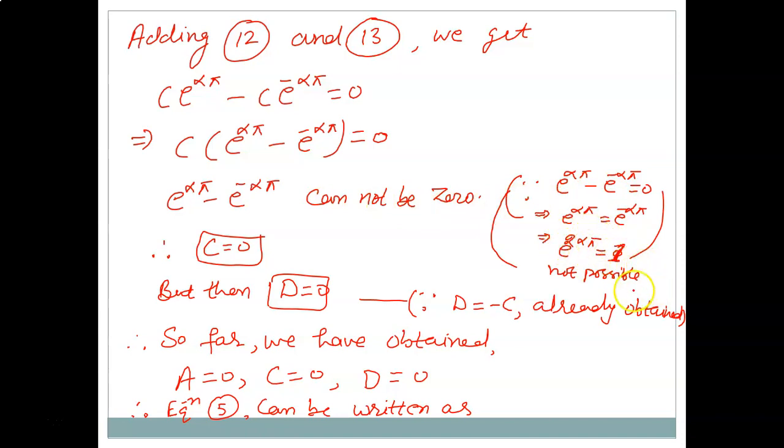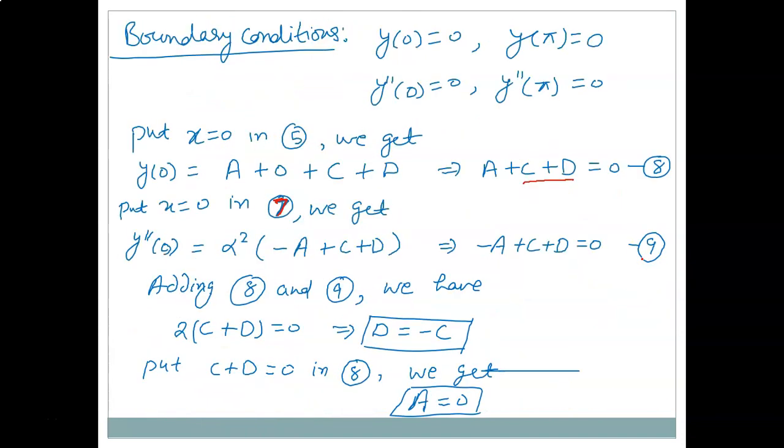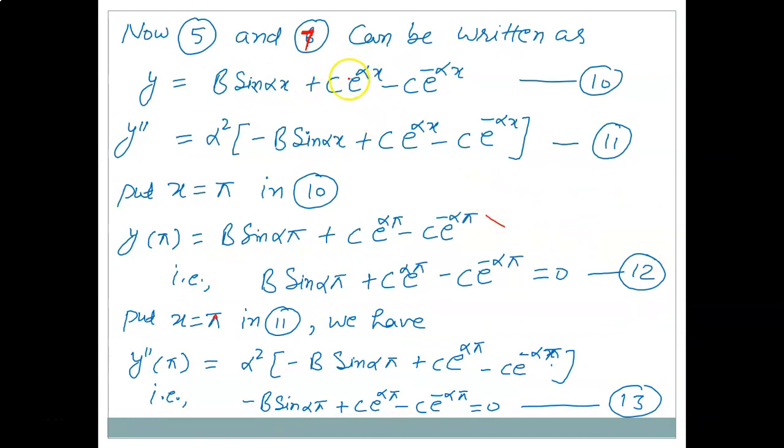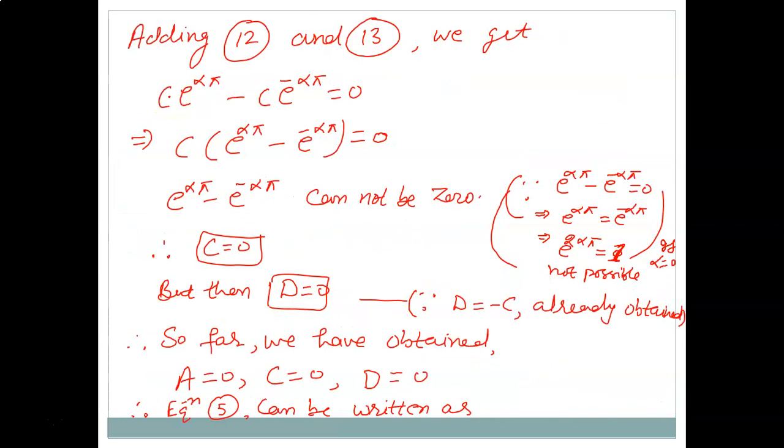That means if alpha equal to 0, then what will happen? You can see the solution in this case, alpha equal to 0, sine 0 is 0, and alpha 0 here will give you the 1, c minus c will be cancelled out, and y equal to 0. So we cannot consider this case, so we will consider that c equal to 0.